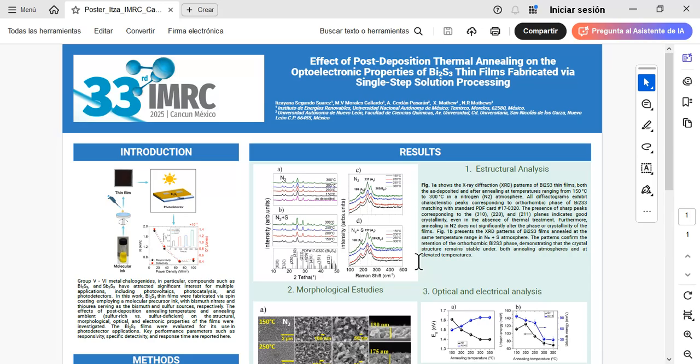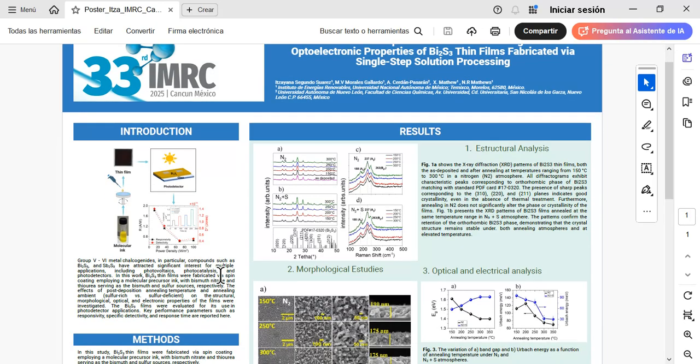The effects of the post-deposition annealing temperatures and annealing ambient, sulfur versus sulfur deficient, on the structural, morphological, optical, and electronic properties of the films were investigated.